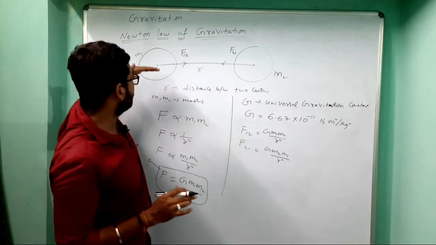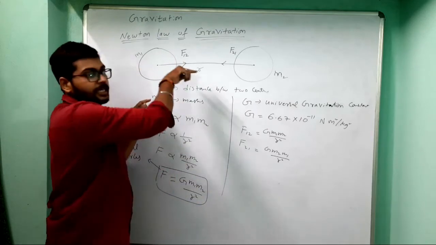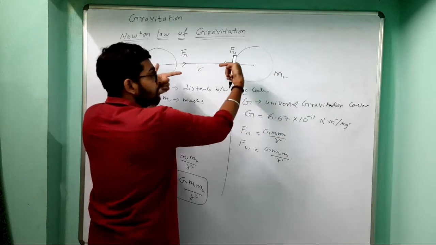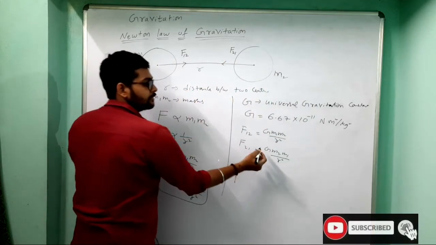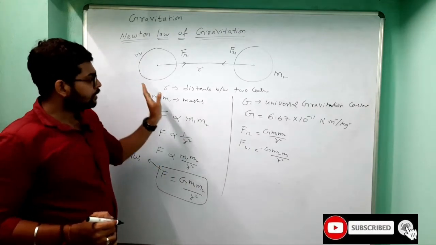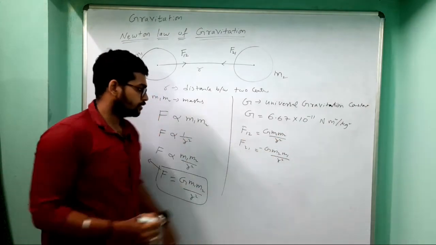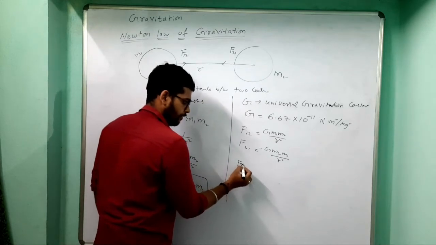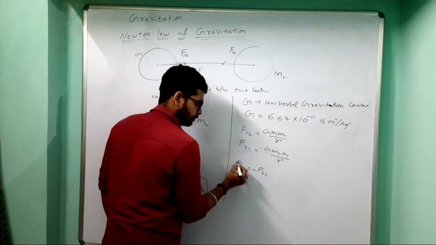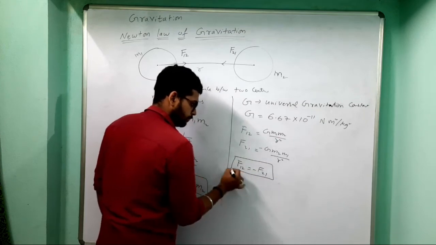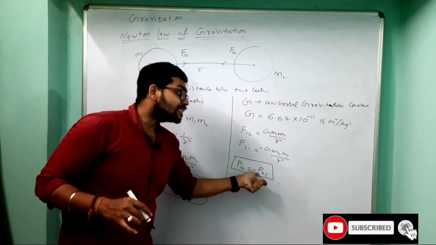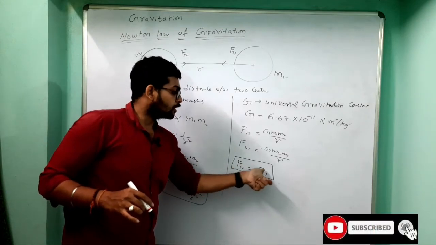See here, this force direction is this direction and the second force direction is this direction, so they are opposite. If I take this as positive, this will be negative. The magnitude is the same, so I can write F12 is equal to minus F21: the force on the first body due to the second body is equal to minus the force on the second body due to the first body.